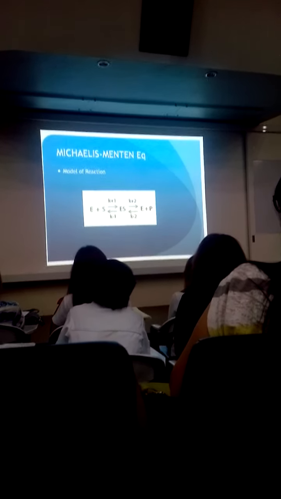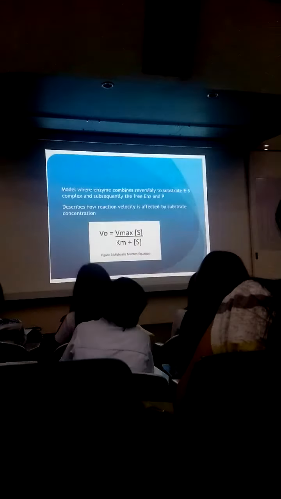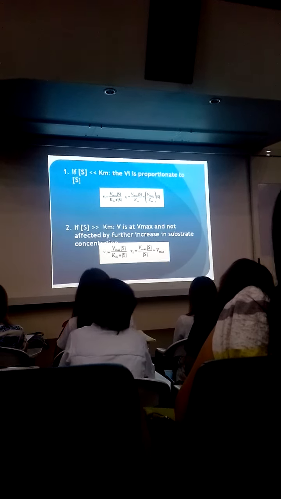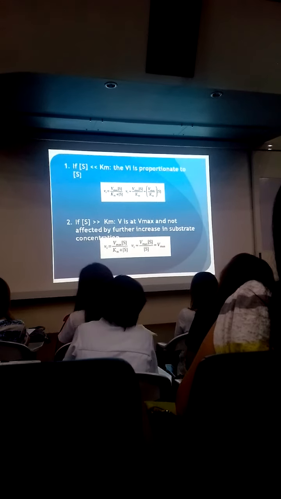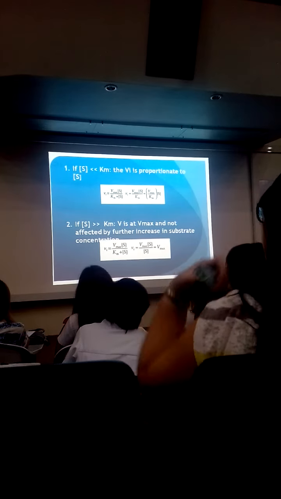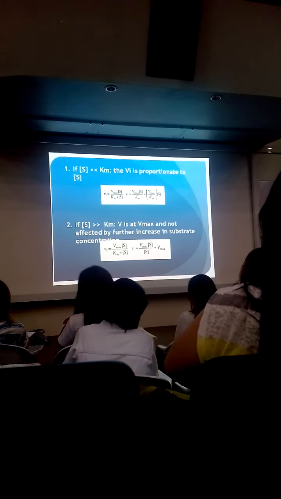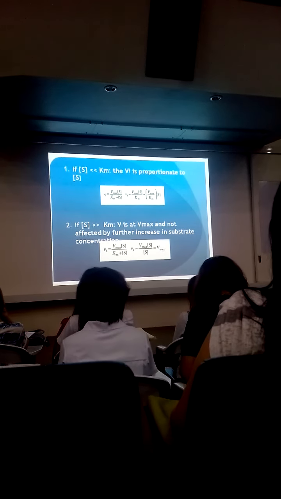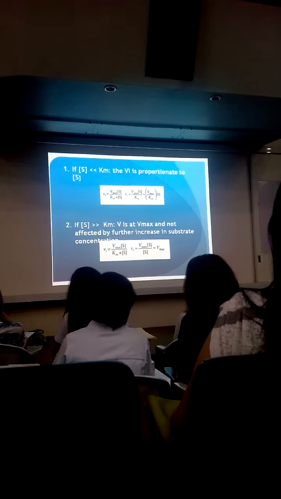So from this formula, they derived this theory. First, if the concentration of your substrate is less than the Km, your velocity is said to be proportionate to your substrate concentration.